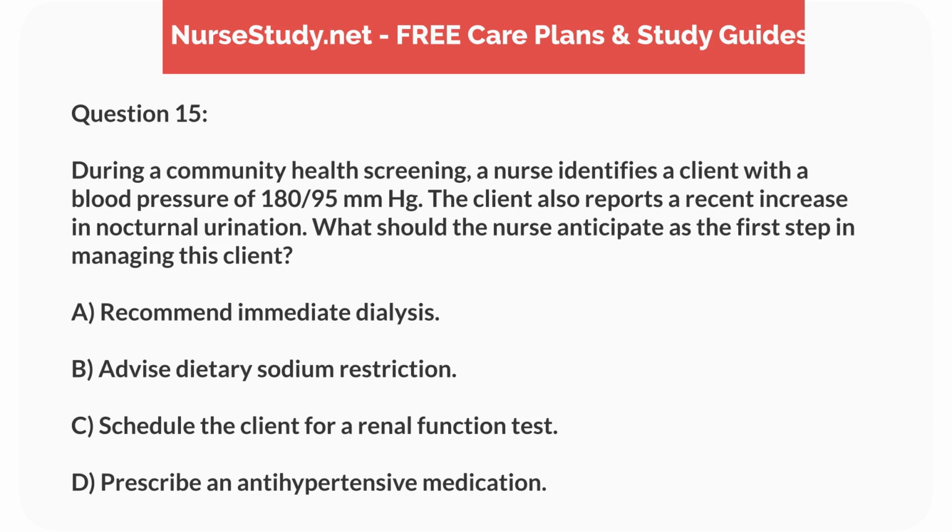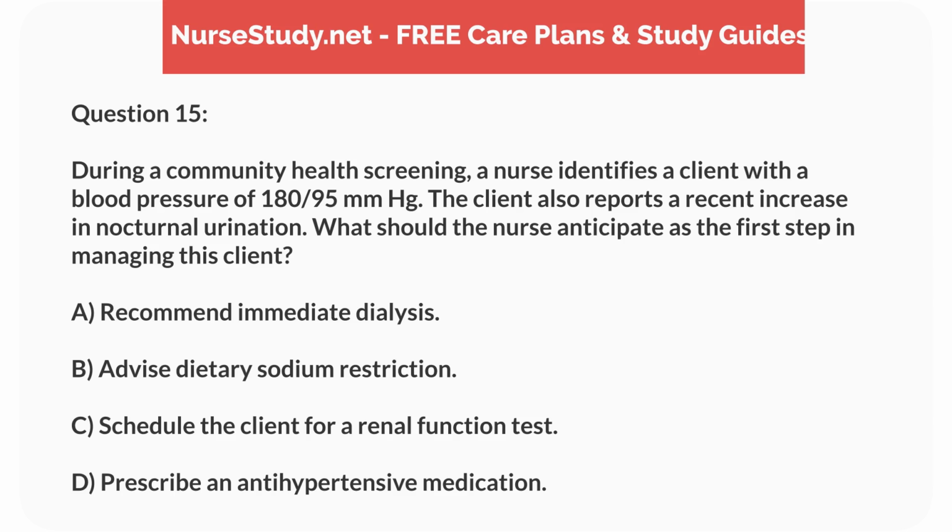Question 15. During a community health screening, a nurse identifies a client with a blood pressure of 180/95 mmHg. The client also reports a recent increase in nocturnal urination. What should the nurse anticipate as the first step in managing this client? A. Recommend immediate dialysis. B. Advise dietary sodium restriction.